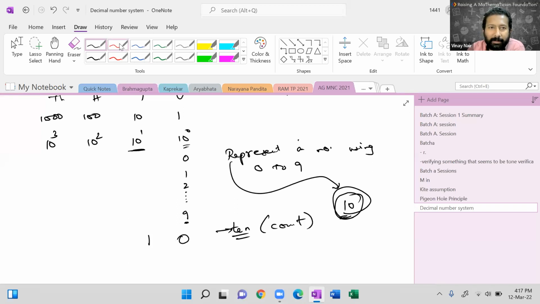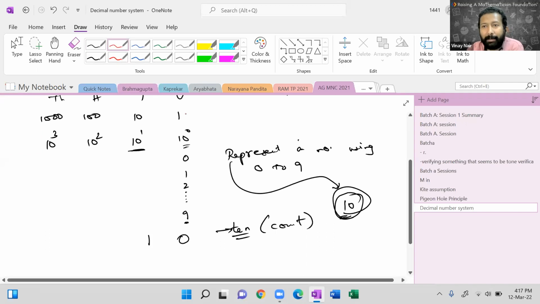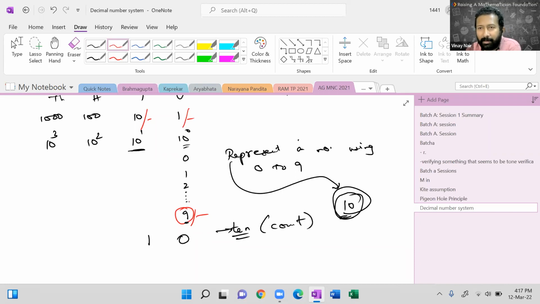Now, what does this mean in terms of, let's say, money? This is 1 rupee coins and this is a 10 rupee note, let us say. If you have 9 rupees, you can have 9 coins of 1 rupee each. Imagine we had only 1 rupee coins.